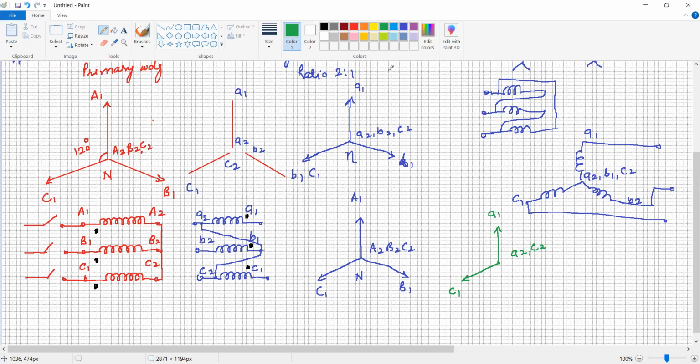Okay. Now where will be the B2, B1? Definitely it will be here. B2, this is your B1, and this terminal is B2. Okay, this terminal is B2, but it is not connected in such a way that the direction is opposite.